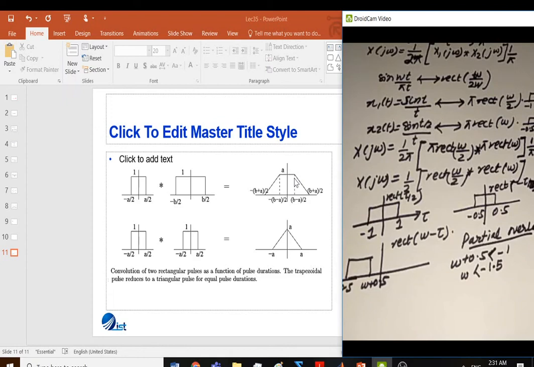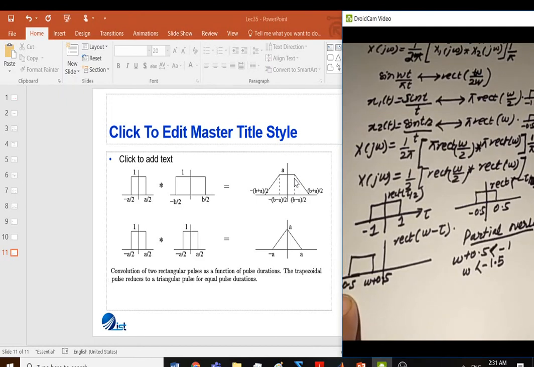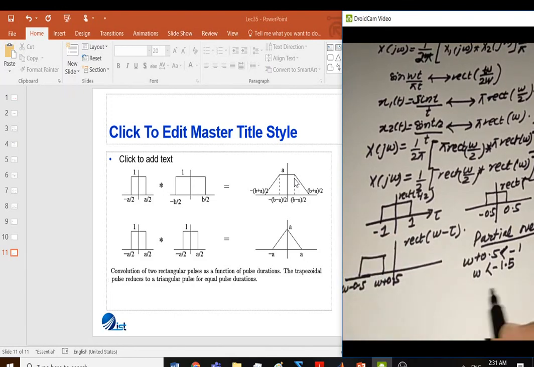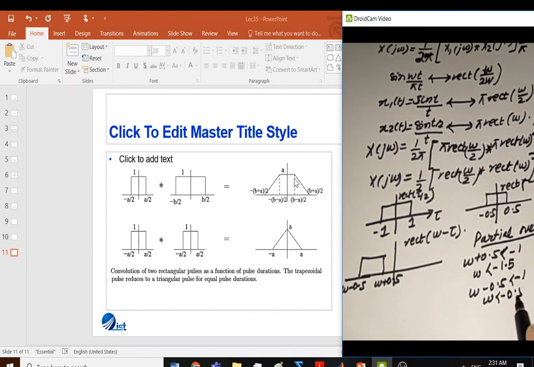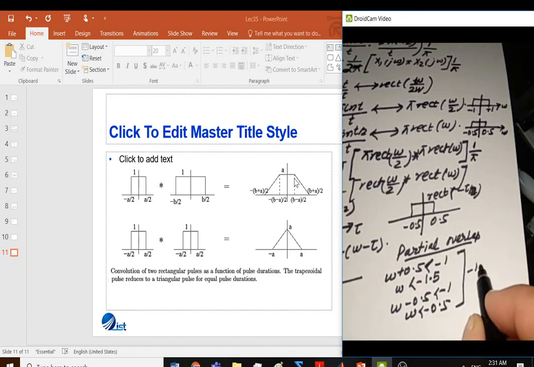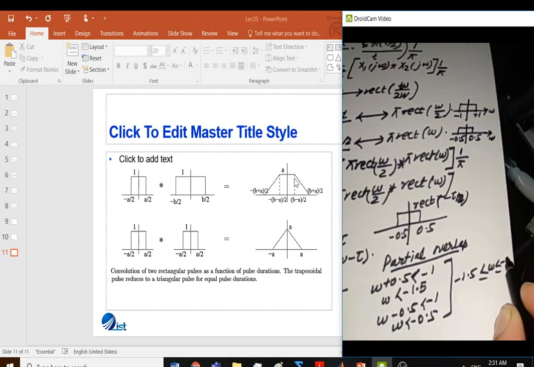This partial overlap will continue till this trailing edge, omega minus 0.5, is less than minus 1. This implies that omega is less than minus 0.5. So the first region, the partial overlap, is from minus 1.5 till minus 0.5.